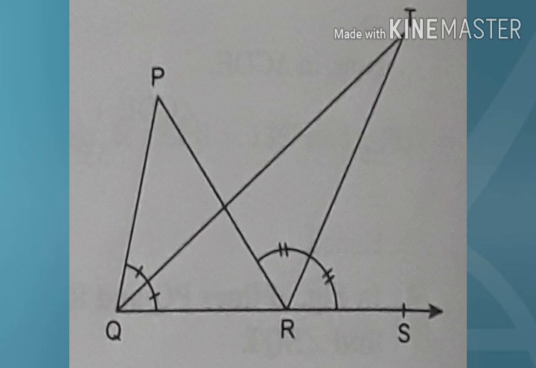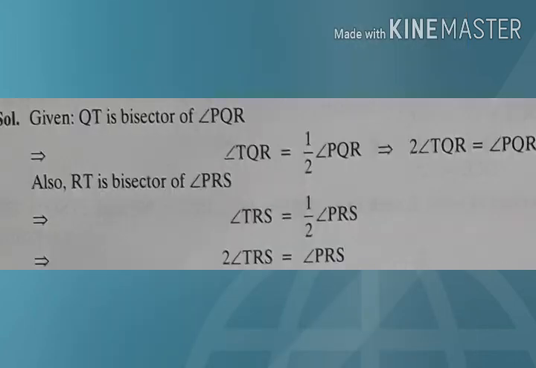Clear? So here first we can consider QT is the bisector of angle PQR. So what is TQR? TQR equals half of angle PQR, isn't it? QT is the bisector of angle PQR, then angle TQR equals half of PQR.